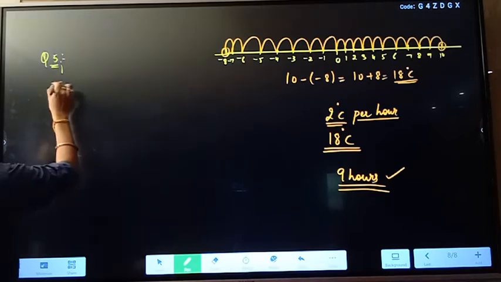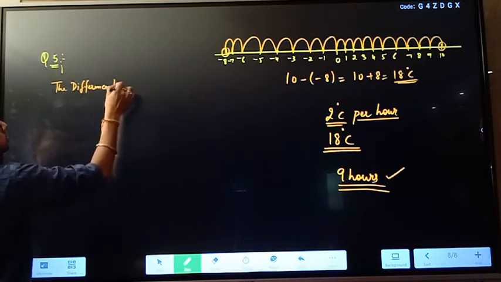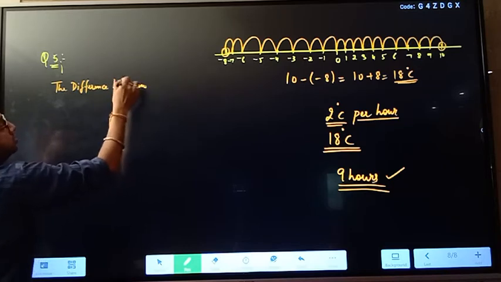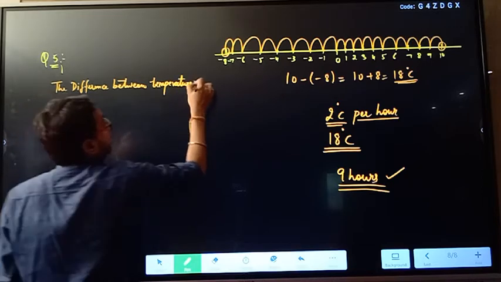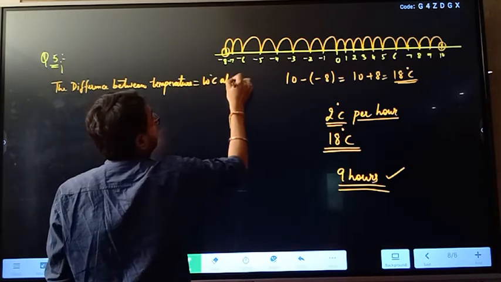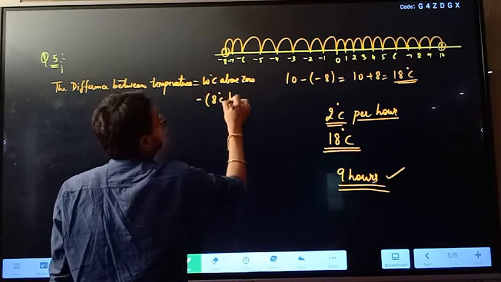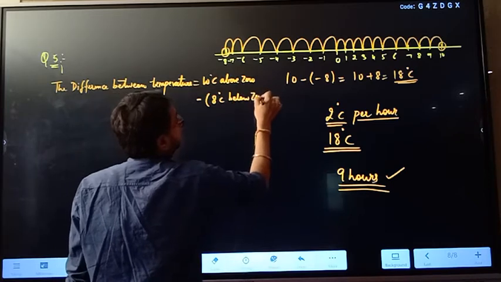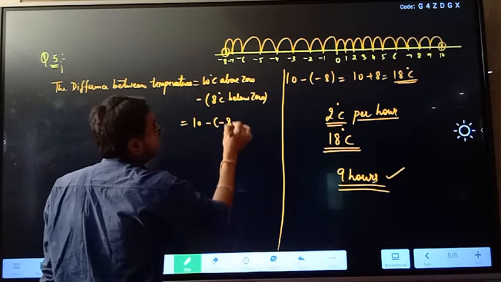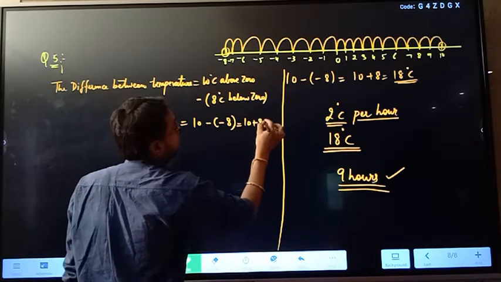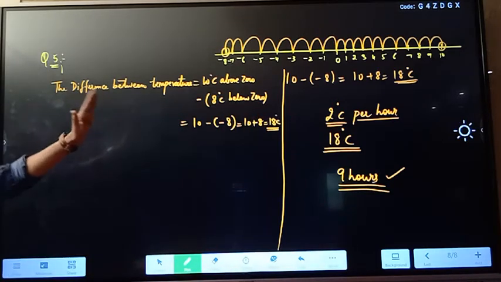First of all, what is the difference between the temperature? It's 10 degrees Celsius above 0 and minus 8 degrees Celsius below 0. So it means 10 minus of minus 8, because below 0, that's 10 plus 8. That is 18 degrees Celsius.